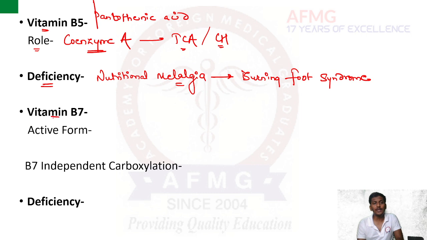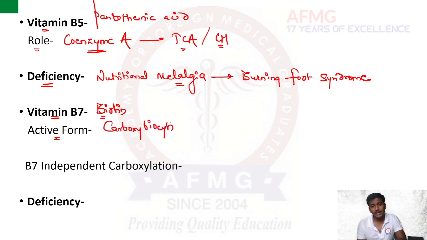Next, if I talk about vitamin B7, vitamin B7 is also known as biotin, right? So please remember, the most active or the most potent form of vitamin B7 is known as carboxybiocytin.